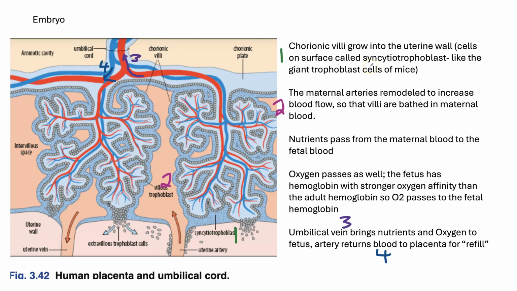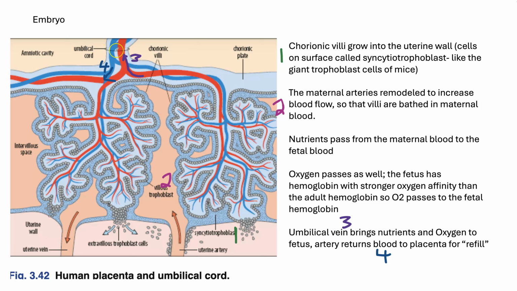They're called syncytio because they are bigger than cells normally are, and they have multiple nuclei because, once again, they go through the process of mitosis without actually doing the final division. So you've got these really big cells with lots of nuclei, and they form these villi.